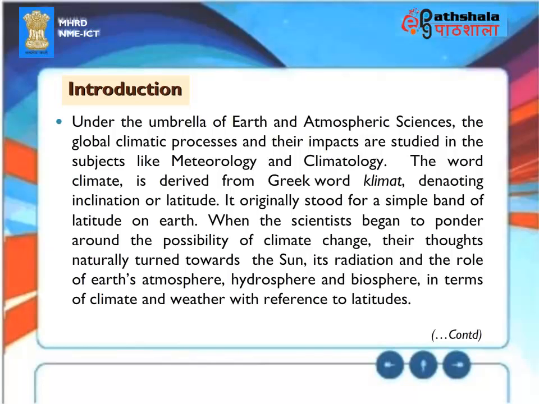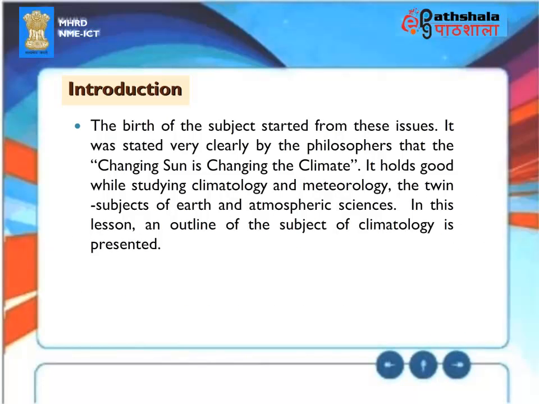When the scientists began to ponder the possibility of climate change, their thoughts naturally turned towards the sun, its radiation, and the role of Earth's atmosphere, hydrosphere, and biosphere in terms of climate and weather with reference to latitudes. The birth of the subject started from these issues.